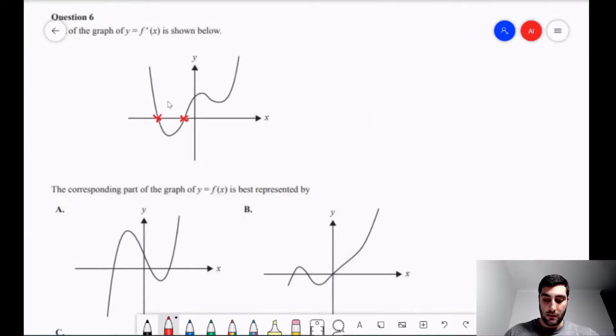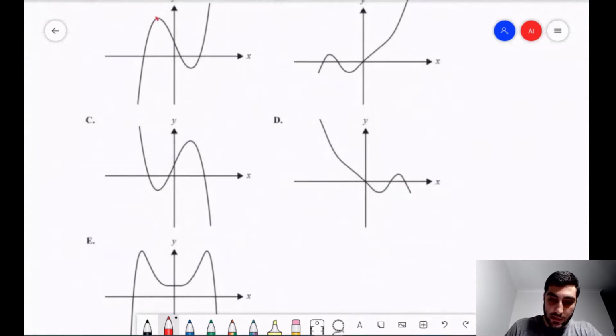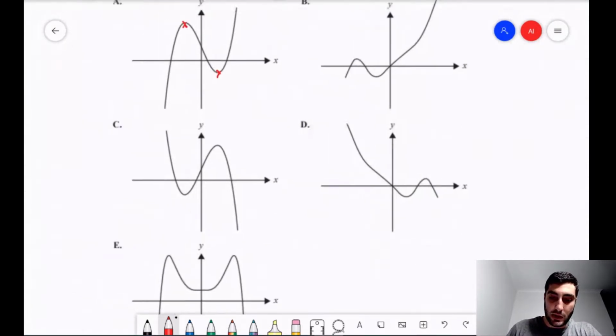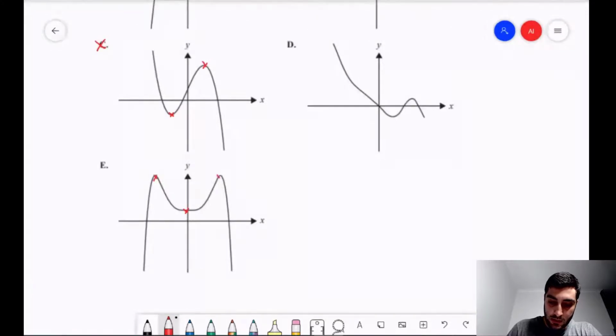So trying to line it up, those are the only 2 locations where we've got stationary points. So looking through these functions, here we've got a stationary point, here's the other one, so we know straight away it can't be A. We know here's a stationary point, here's a stationary point, can't be C. Here we've got 3 stationary points, can't be E.